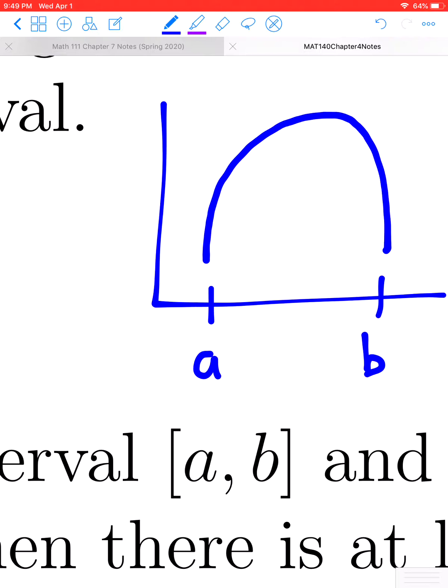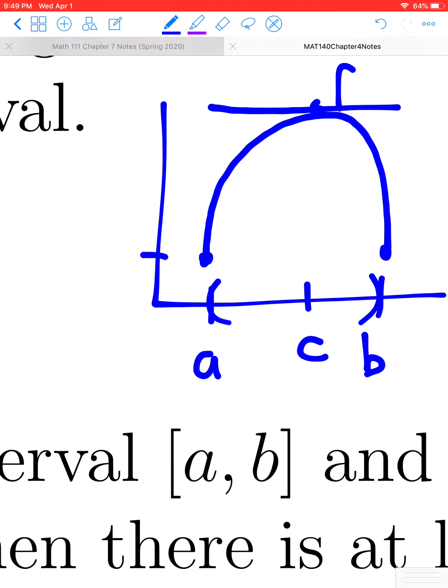If the value of f at a and b is equal to each other, then there exists at least one value c in the open interval a comma b such that f prime of c is equal to 0.